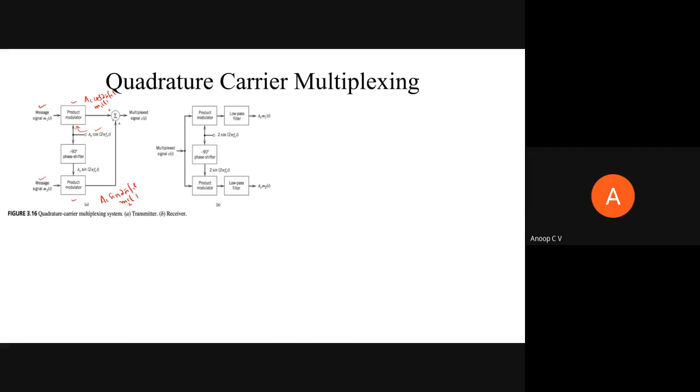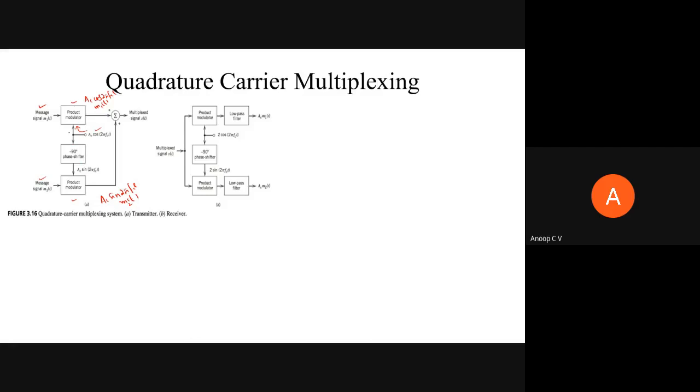Then we can combine these two and transmit. As these two are in phase quadrature, even if we mix them in the time domain, at the receiver end we can separate them completely. So this is a quadrature carrier multiplexing circuit. It's very simple.